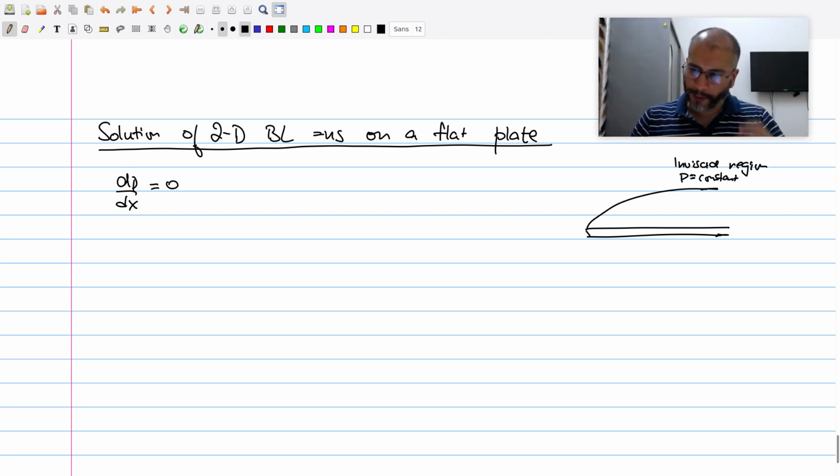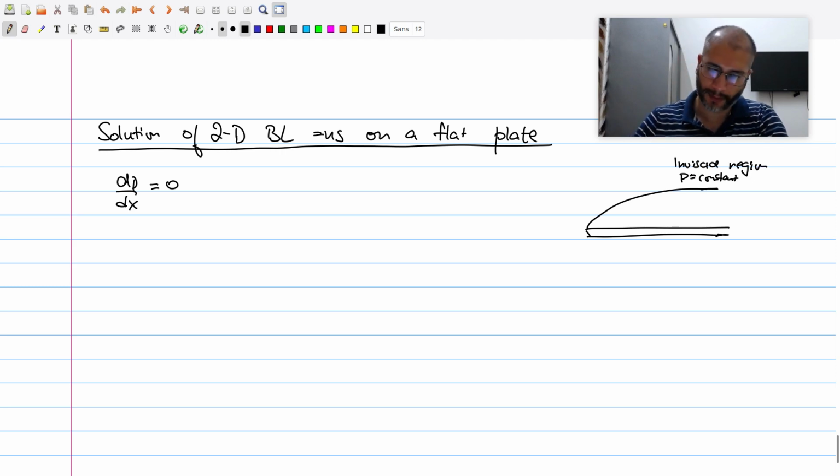Even if you have a curved geometry where the curvature is not very large, you can approximate it as a flat plate if there is nothing else available. So it's not a very bad assumption to use the flat plate solutions even for slightly curved geometries.